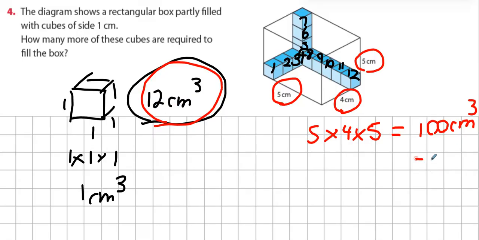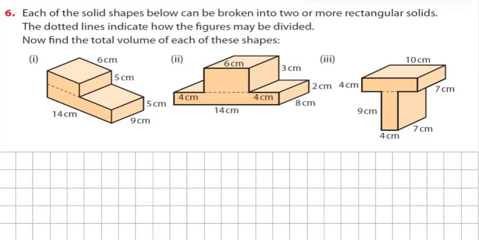So how many centimeters cubed are left? Anybody? Would you all agree there's 88 centimeters cubed left over? That's 88 boxes, isn't it? It's 88 cubes, right? So we need an extra 88 cubes to fill up the full thing. Who got that? So we've done 3 and 4 so far.